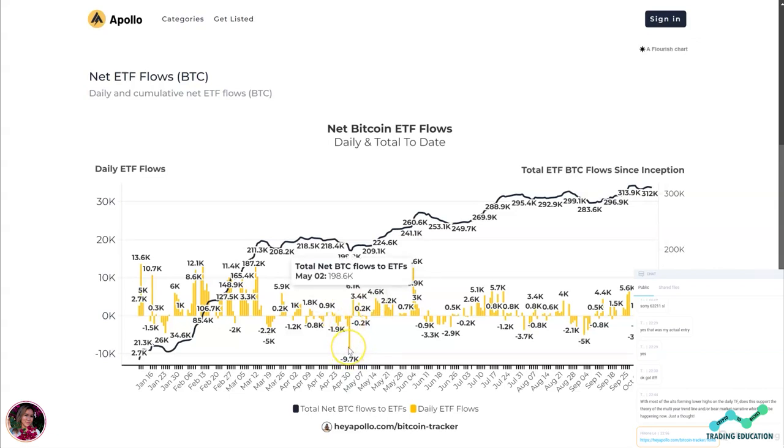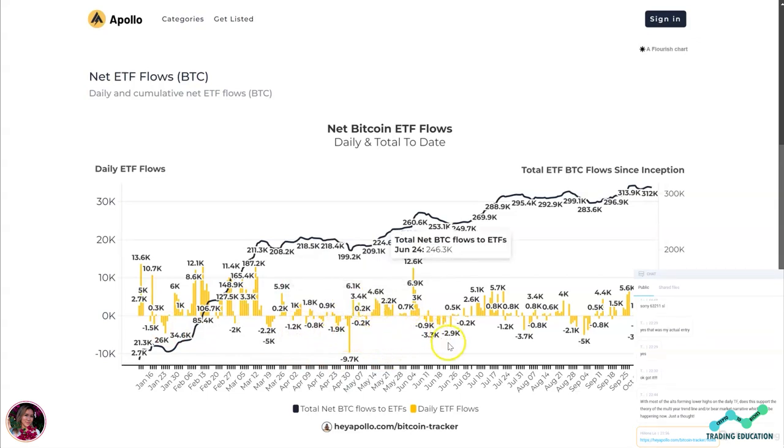So these were outflows. 9,700 ETFs were sold this day. So you would expect on these days that price would decrease in Bitcoin because people were selling BTC ETFs.